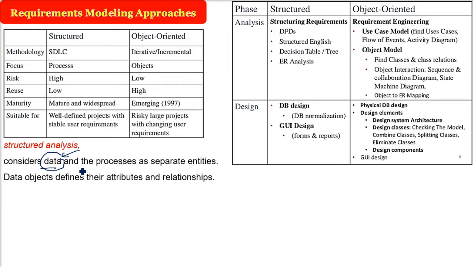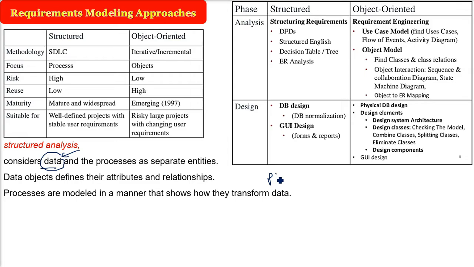They are not in a capsule like object-oriented. So data objects will define their attributes and the relationships. Processes are modeled in such a manner that they will show how they transform the data. This is structured analysis, basically the functional way of programming, functional way of understanding, the structural way of understanding.